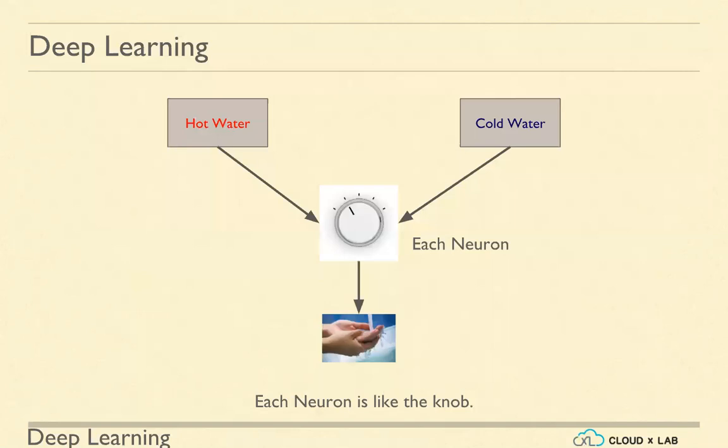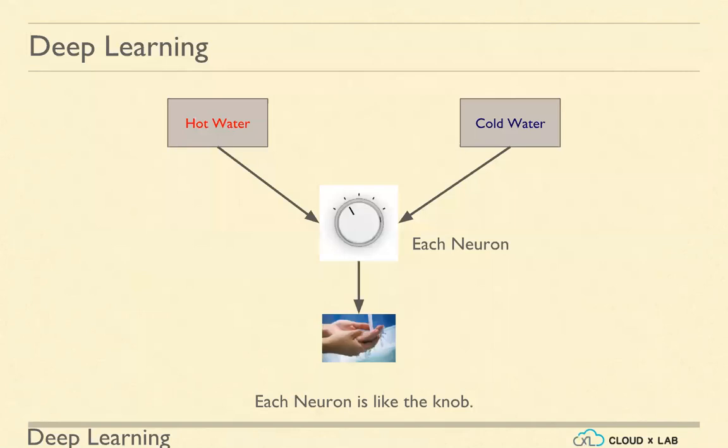And basically this way you keep on twisting the knob until the water is okay for you, right? You keep on twisting this knob until the water is okay for you. Now, when we talk about deep learning, neurons, the whole layer of neurons, and so on and so forth.